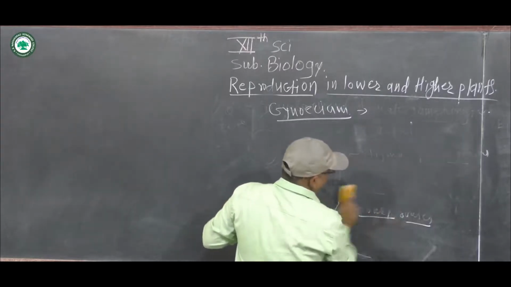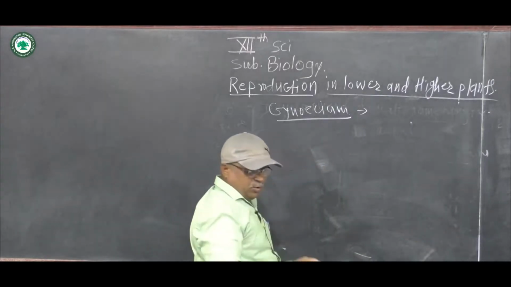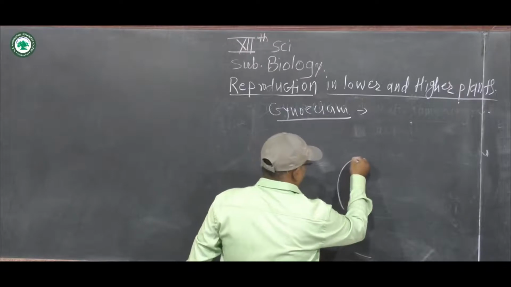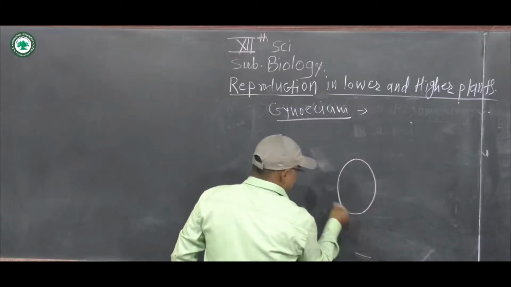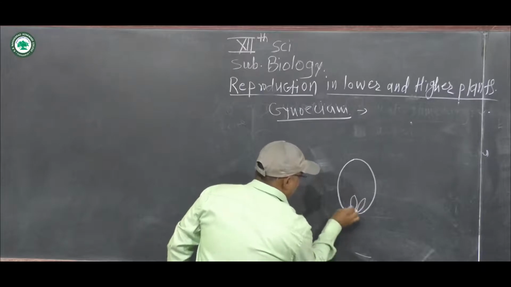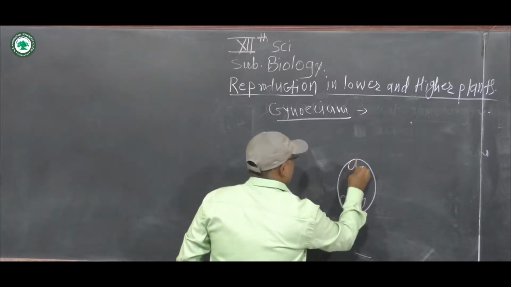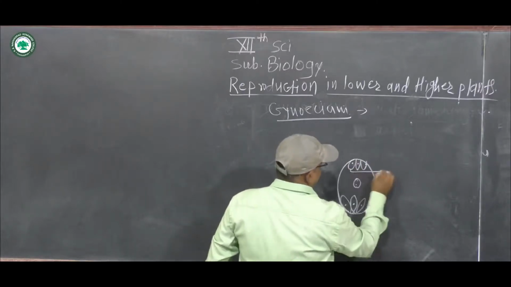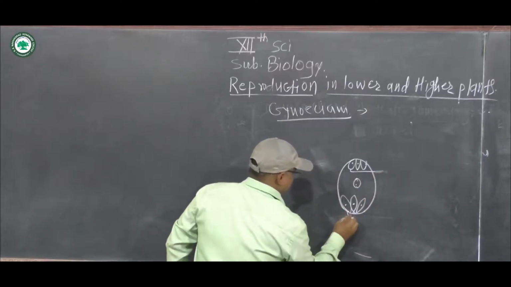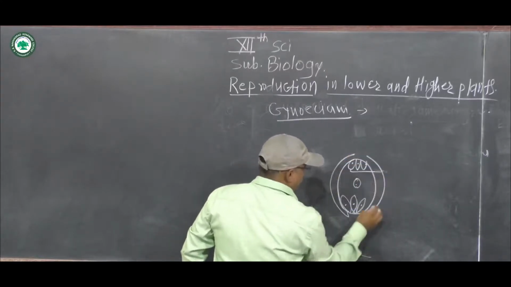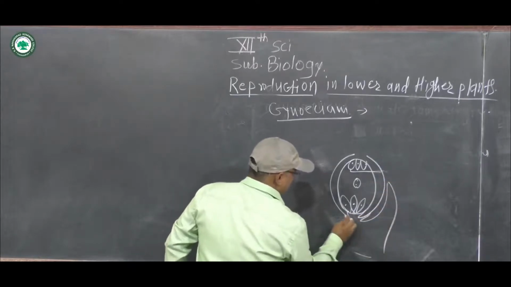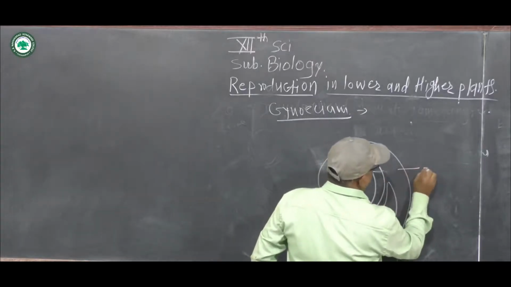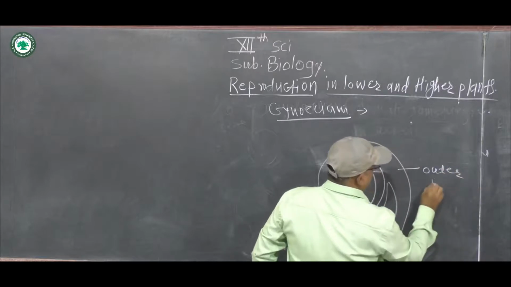In the ovary, ovules are present, and the structure of this ovule is: three antipodal cells, two integuments, outer integument.